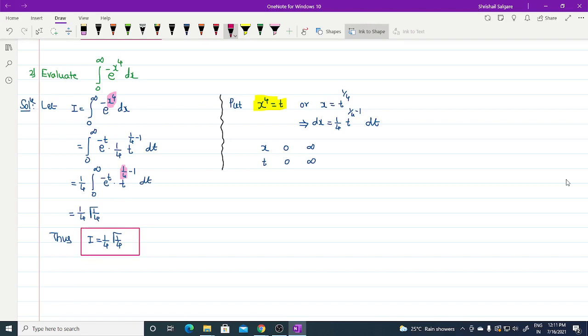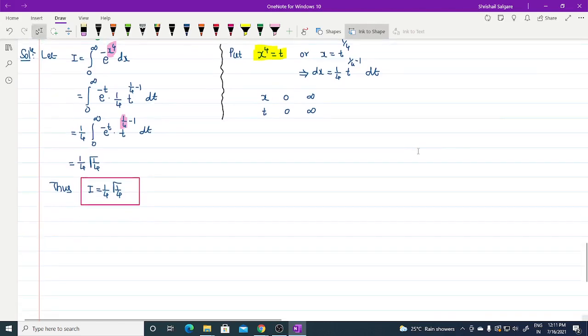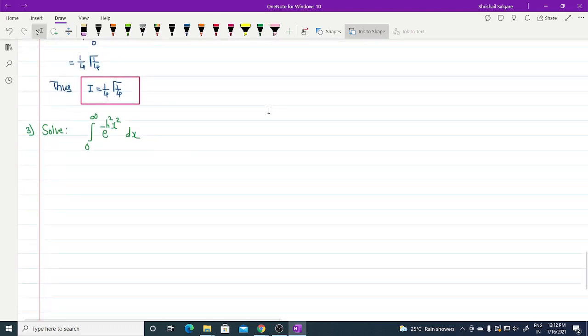Okay, one example I will write, and meanwhile I will take attendance and try to tell the answer for that. Suppose a third example. Now you have to complete. Solve the integral by using the gamma function. Limits of the integral from 0 to infinity, e to the power minus h square x square dx. Now what is your substitution in this example?